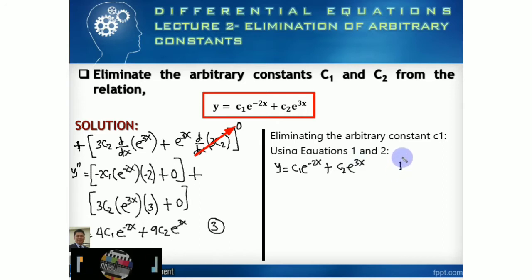And for our equation 2, we have y prime is equal to negative 2c1 times e raised to the negative 2x plus the second term, 3c2 times e raised to the power of 3x. Okay, so this is now our equation 2.